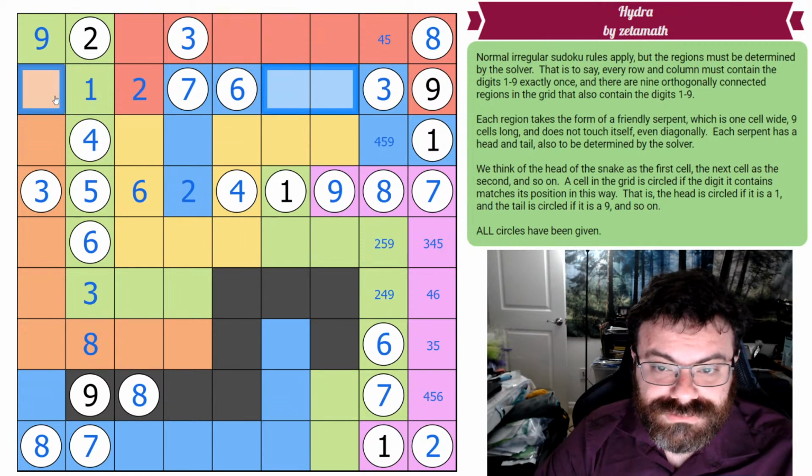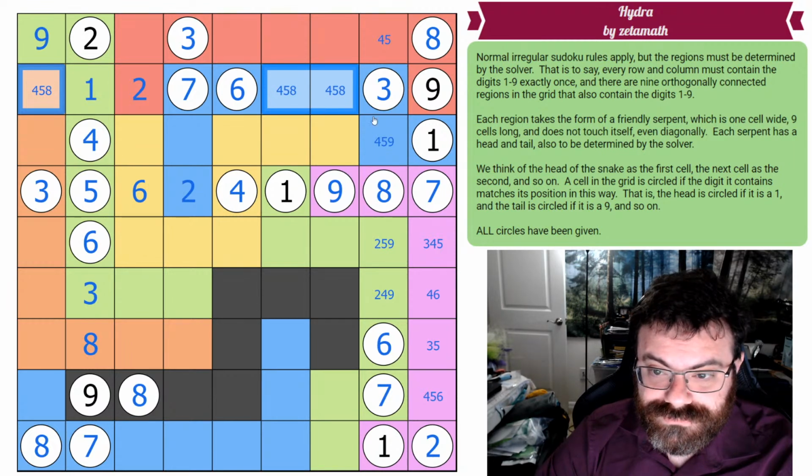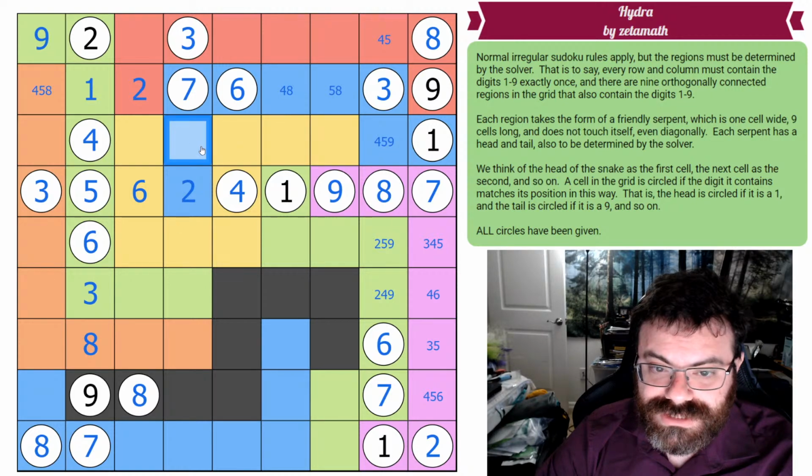This row, we have 1, 2, 3, we need 4, 5, and 8. This can't be 4, this can't be 5. In general, 1, 2, 3, we need a 4, but this can't be 4. We need 5.